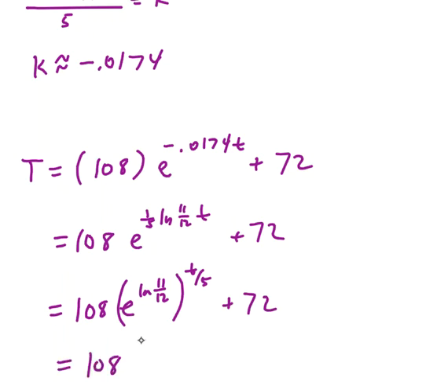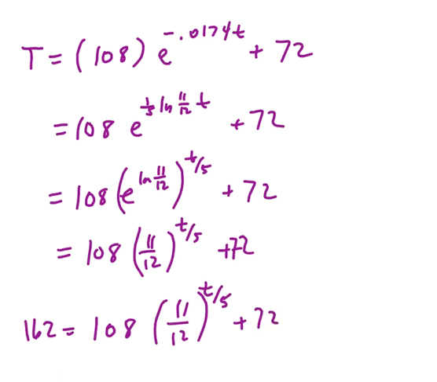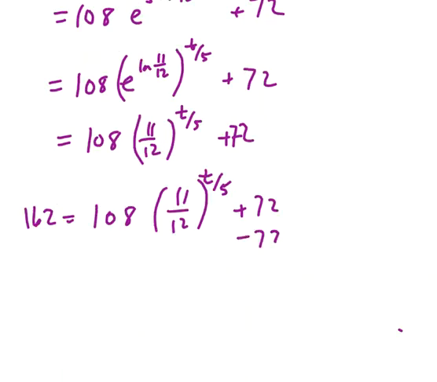Also if you have access to a calculator on a problem, or where you're supposed to round to, all of those can affect whether I do it this way. So then I want to know when it's 162, and I'm going to solve for T.